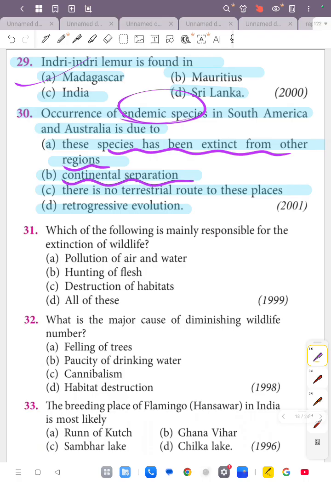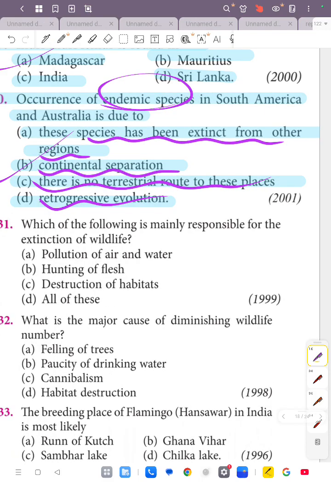Or because there's no terrestrial route to these places? Or D, retrogressive evolution. The correct answer here would be option B, continental separation. I'll tell you why. This is actually due to continental separation, the continental drift that happened, right?